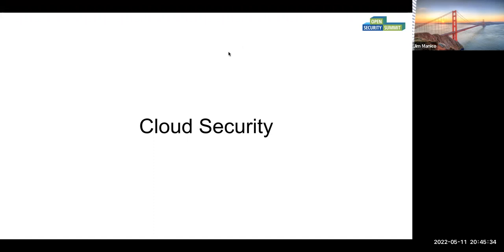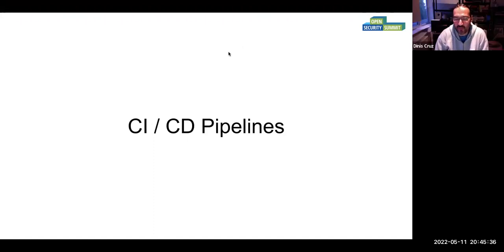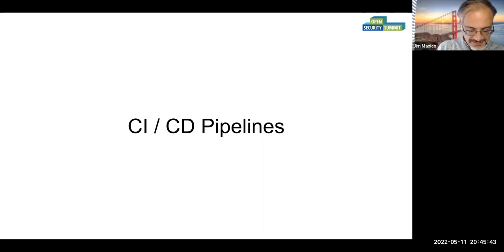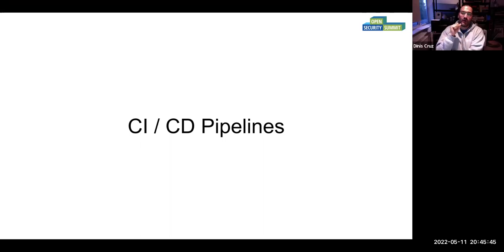Okay. But the one I wanted to spend a bit of time with you on is CICD pipelines, right? I feel this is an area where we needed to shift security left, but a good CICD pipeline is one of the biggest signals of an application being able to be secure.